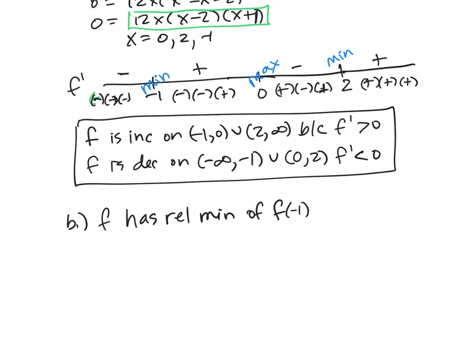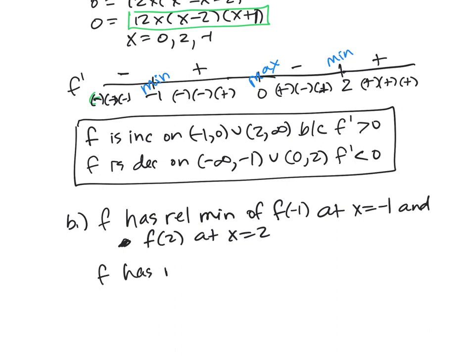So we have a relative min of f of -1 at x equals -1. And we also have a second relative min of f of 2 at x equals 2. And then for the maximums, there was just that one max. f has a relative max of whatever the function value is, f of 0. That is probably one we could figure out pretty quick. f of 0 at x equals 0.